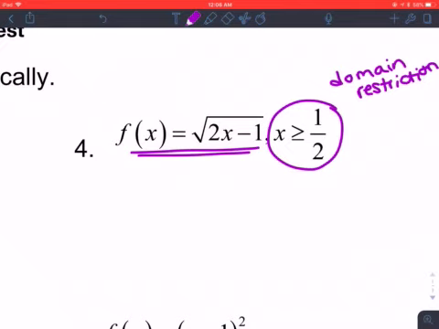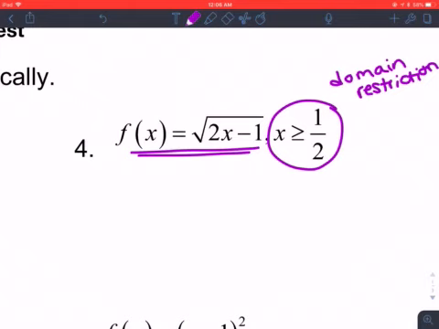Normally if you were to graph a square root or the inverse of a quadratic, you'd have something that looks like a sideways parabola. That x is greater than 1/2 is telling us that we're only going to have half of that parabola, so we're cutting it off from the original function.